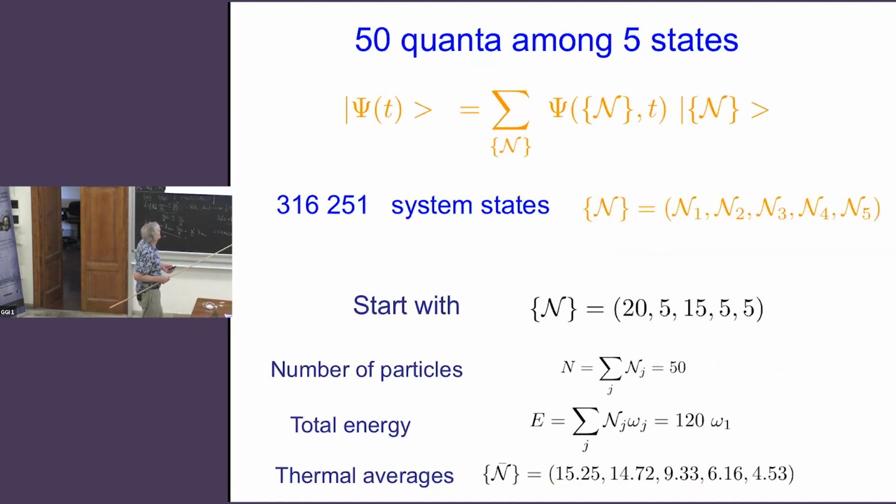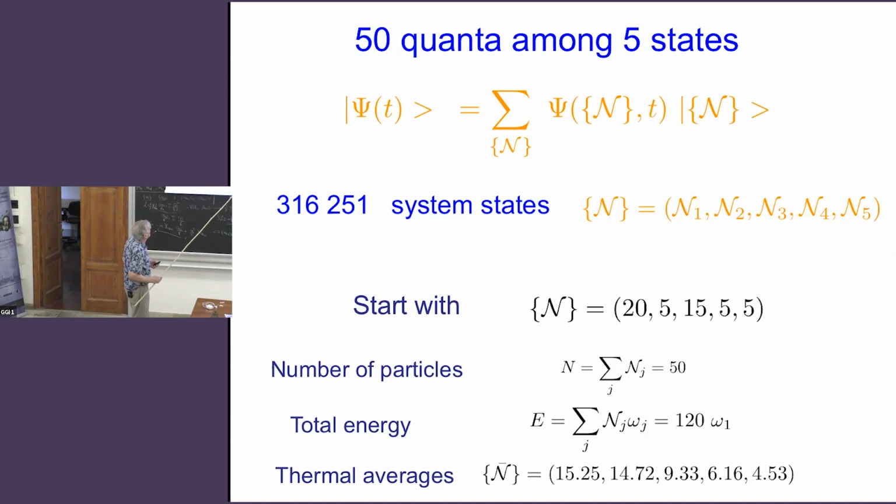Okay, so we looked at simulations where you have 5 oscillators sharing 50 quanta. The number of system states is then over 300,000.